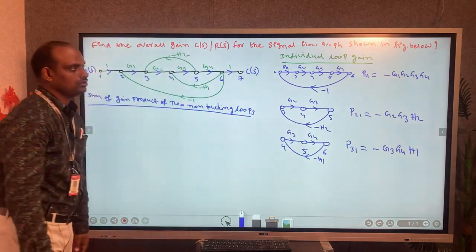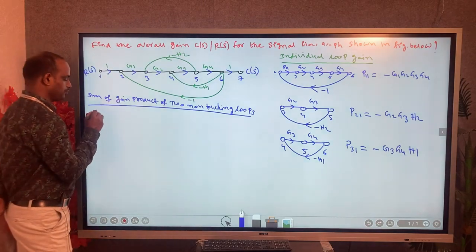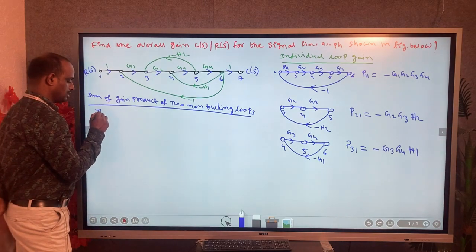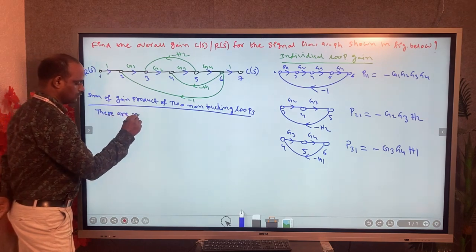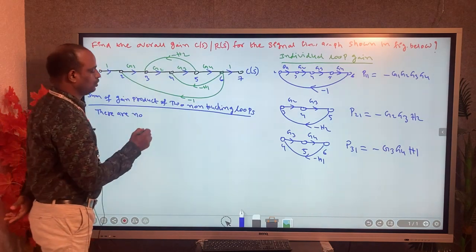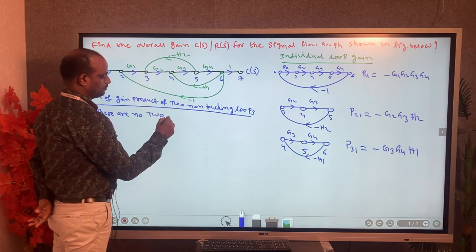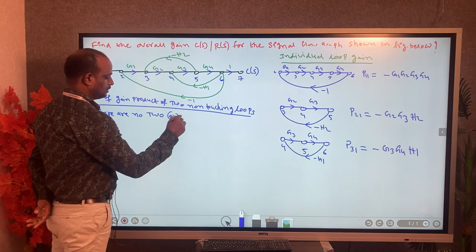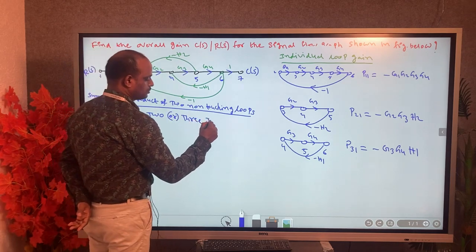So here there are no 2 non-touching loops. So in this problem there are no 2 non-touching loops, and no 3 non-touching loops.